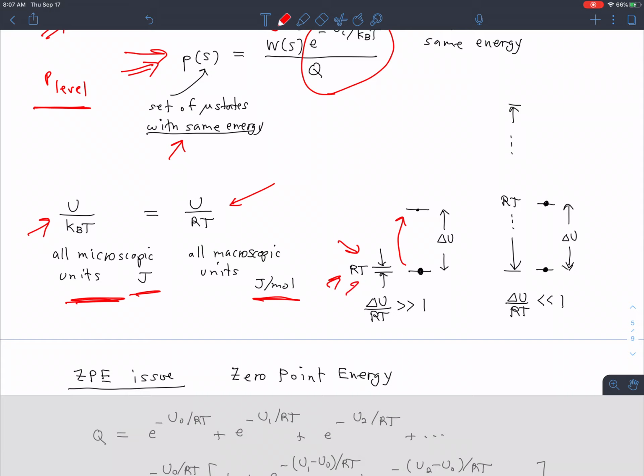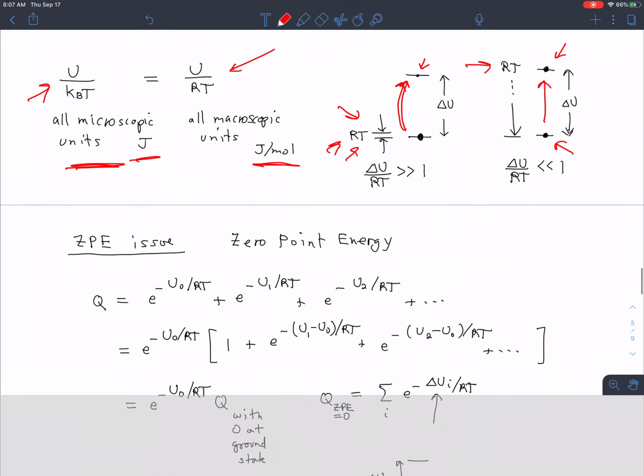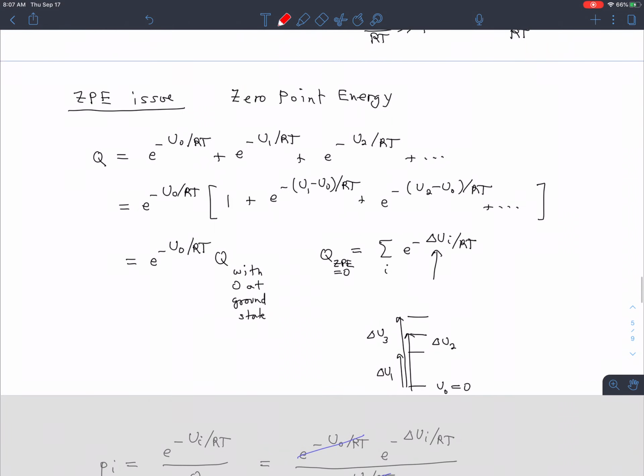If the temperature is low, there isn't very much available energy in the surroundings. It gets very hard to find the energy necessary to make this transition. If the temperature is high, there's a lot of energy in the surroundings. It gets easy to make the transition. And what that means, of course, is that there's very little probability in the upper state for this low temperature case, and nearly equal probabilities in the upper and lower states for this high temperature case.